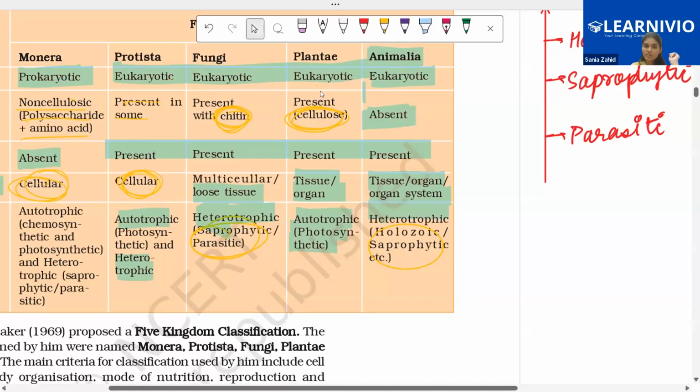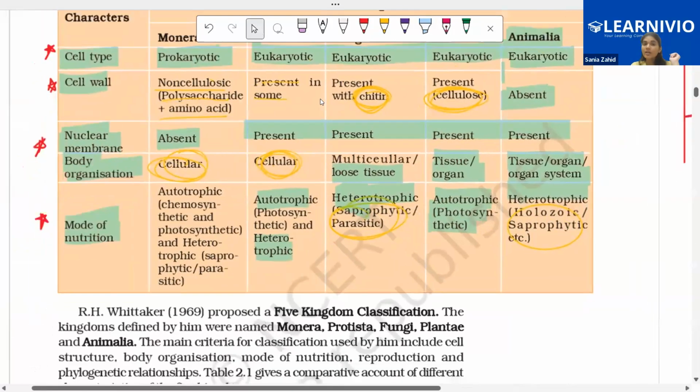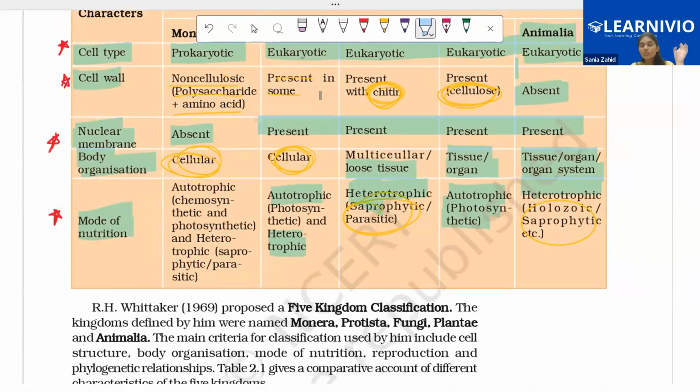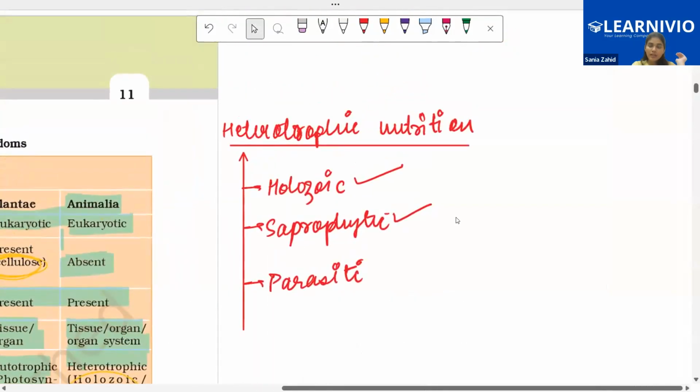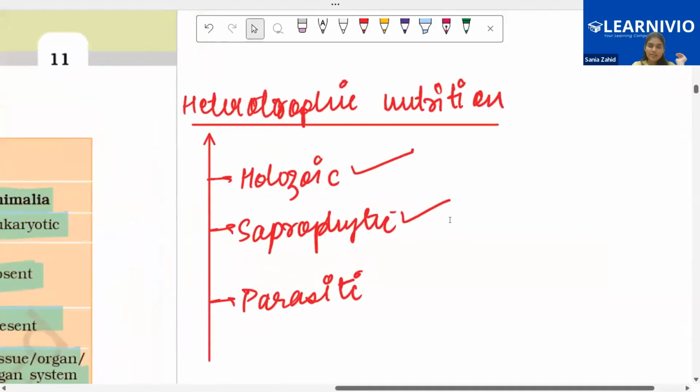Then talking about monorins. Now monorins, it is well said that monorins have a very complex nutritional mode. Okay, the mode of nutrition for monorins is very common. That means they have a variety of nutrition in them. They can be autotrophic also, they can be heterotrophic also. Then in autotrophic also, they can either be chemosynthetic or photosynthetic. Now, what is the meaning of all these words? As I told you, heterotrophic nutrition is of three kinds.